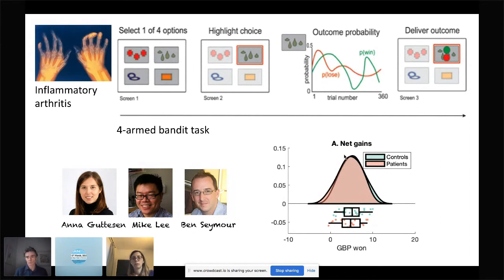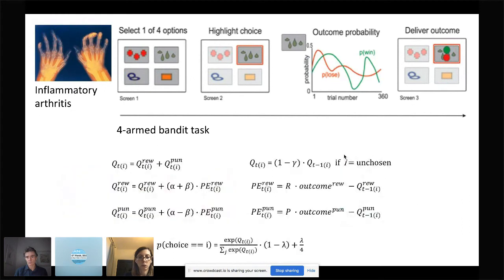But the way they do the task is fundamentally different, and we can test different models to learn how people decide which box to choose, how they assign values to different boxes, so to different choices. I will leave this to questions, but the WINS model is a model in which the values for punishment and rewards are estimated partly independently.